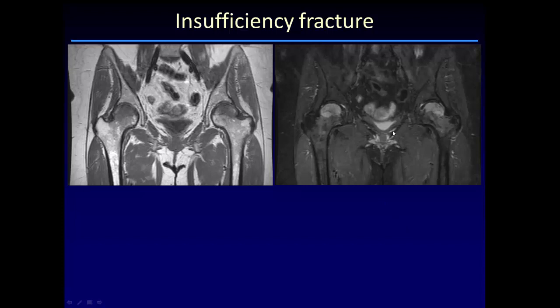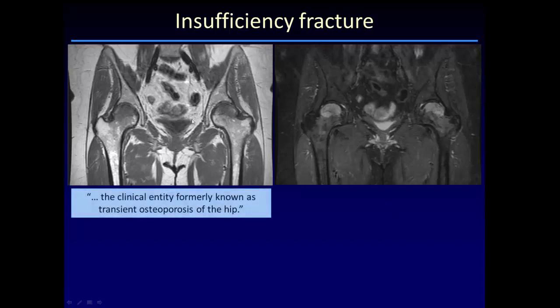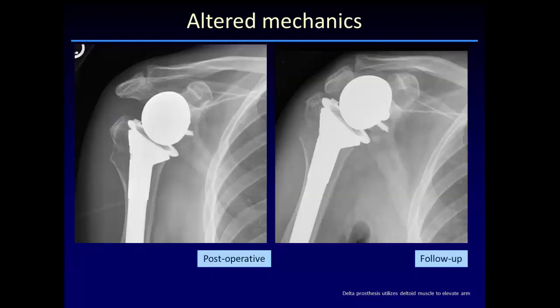This happens in many parts of the body and it's gone by many names. We now know that transient osteoporosis of the hip is typically caused by an insufficiency fracture, and as we do more high resolution imaging of the hip, some of the lines and bands that were not apparent when we were doing large field of view imaging of the entire pelvis can now become manifest. So these are a common entity that you should be aware of.